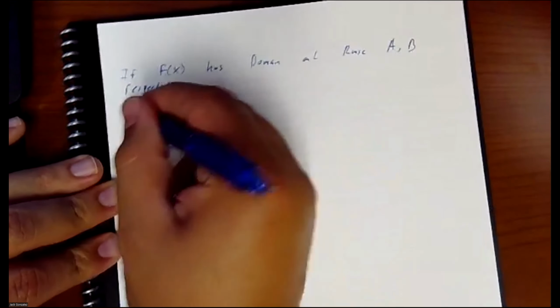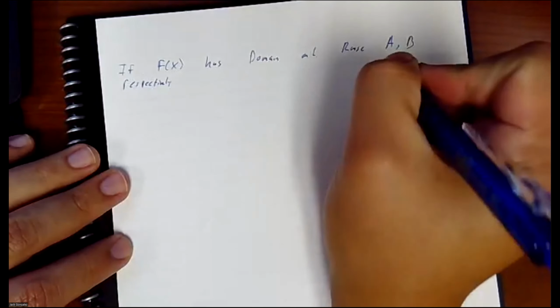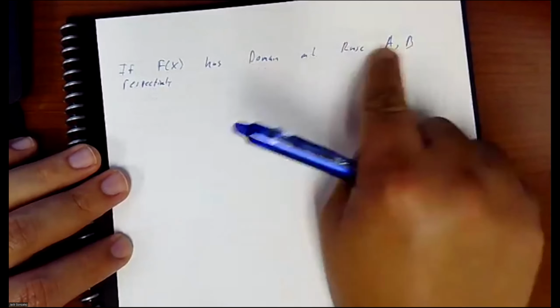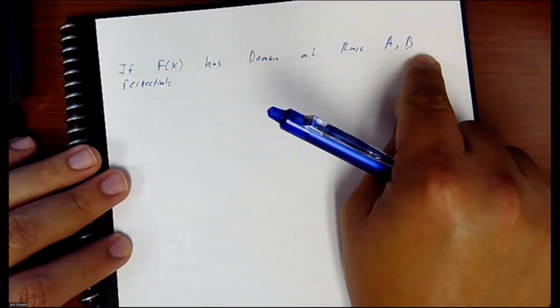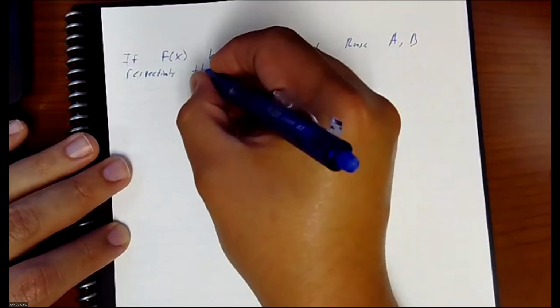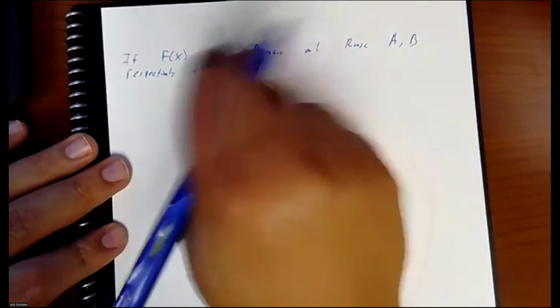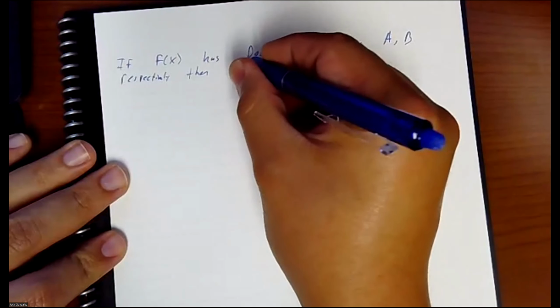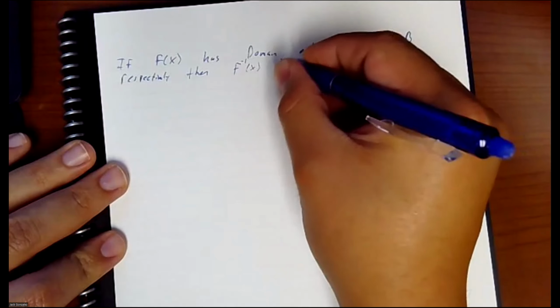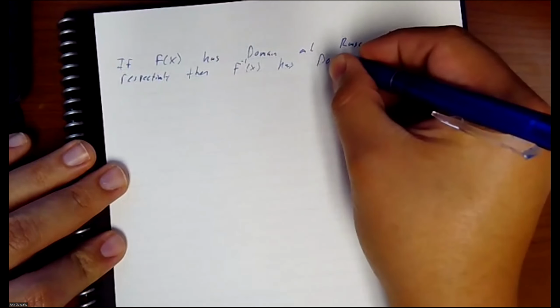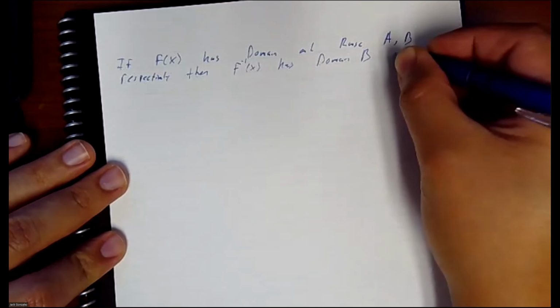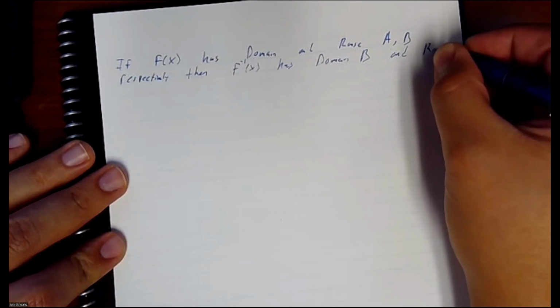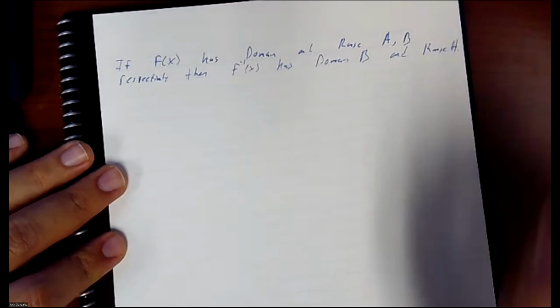Okay, so basically what I'm saying, if F has domain and range A, B, meaning the domain is A, range is B, right? Then F inverse has domain B and range A. They get swapped.